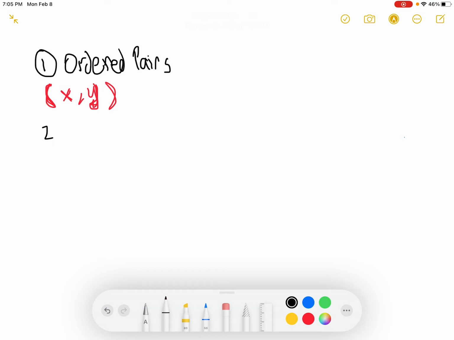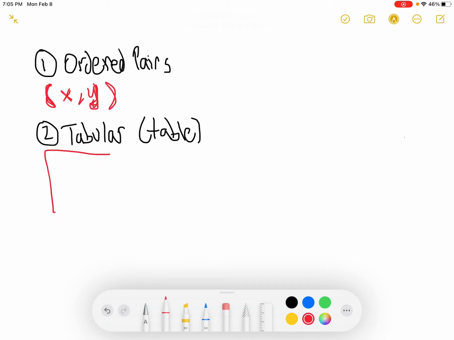Second thing that we can do is a tabular form of data, which just means table. Tabular, it sounds like table. So that's something like this. We have x on this side, y on this side, and then we write whatever it is. Then we also can do mapping.